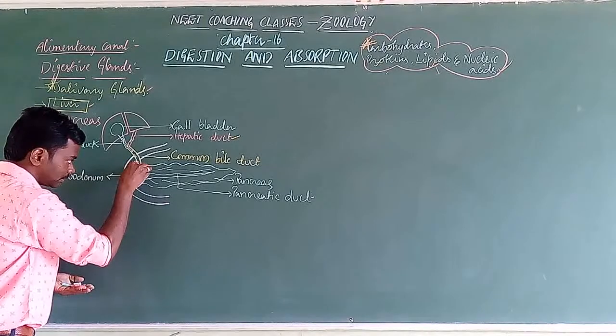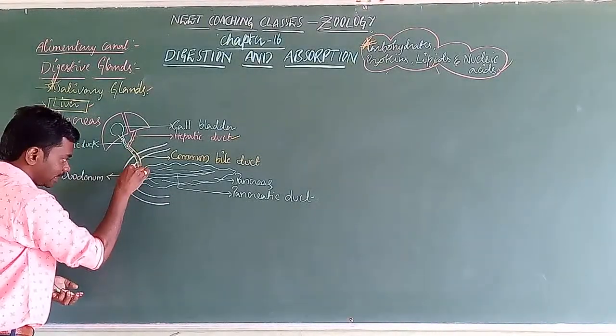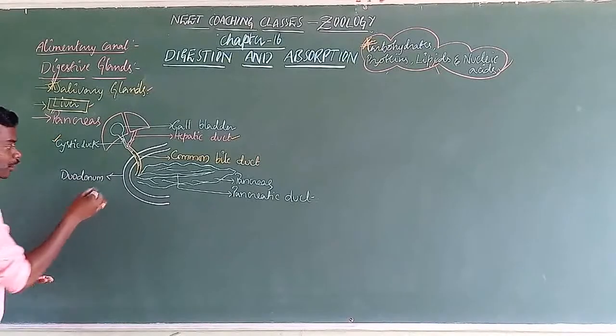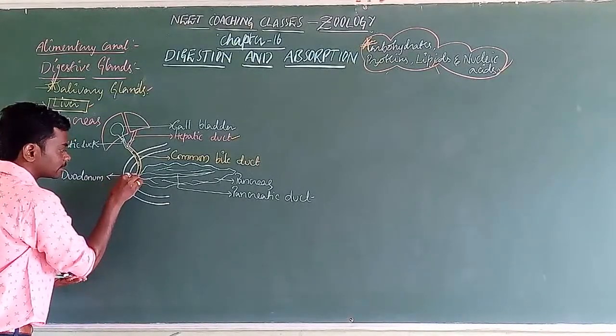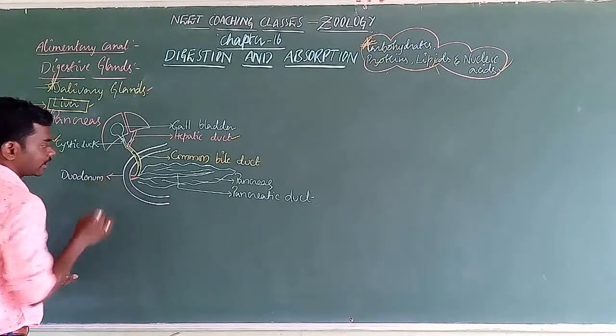Now, the common bile duct joins with the pancreatic duct and forms the hepatopancreatic duct.